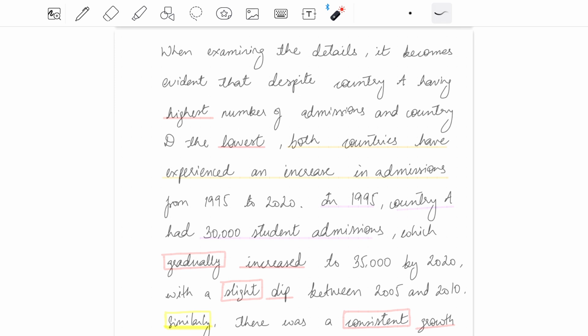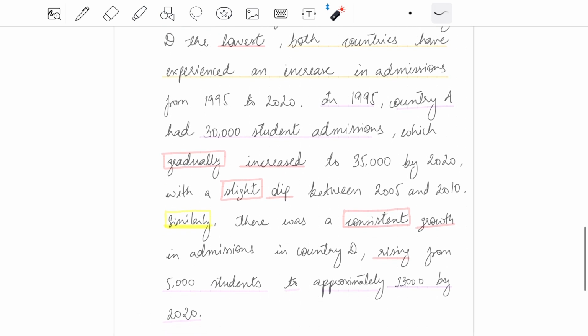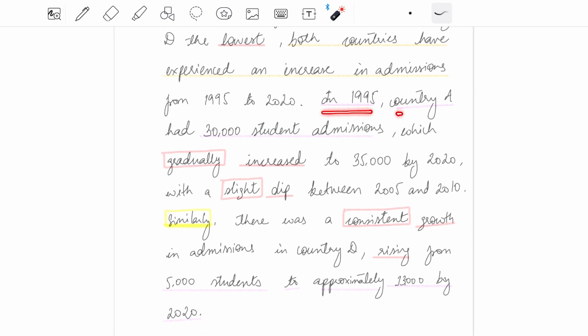So I can say, in 1995, country A had 30,000 student admissions, which gradually increased to 35,000 by 2020 with a slight dip between 2005 and 10. So this is all about country A, the starting point, which is 30,000 student admissions.